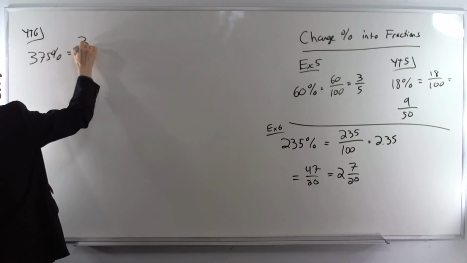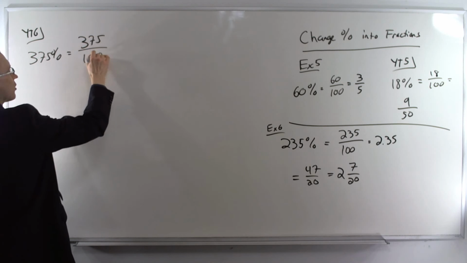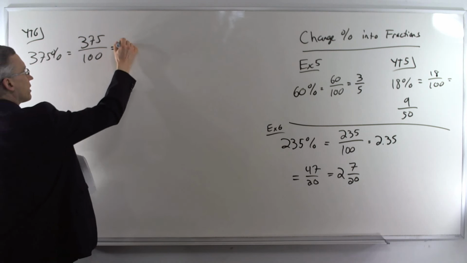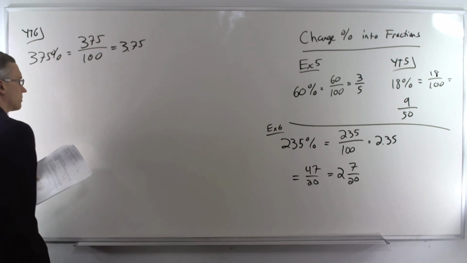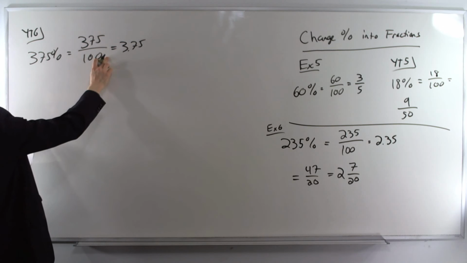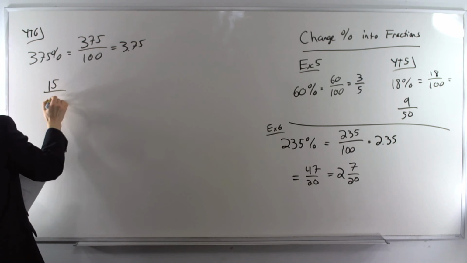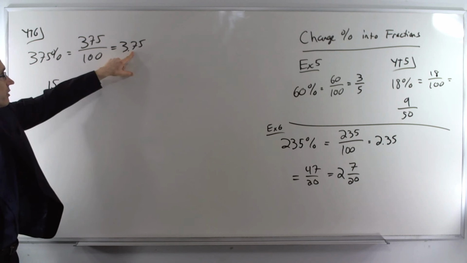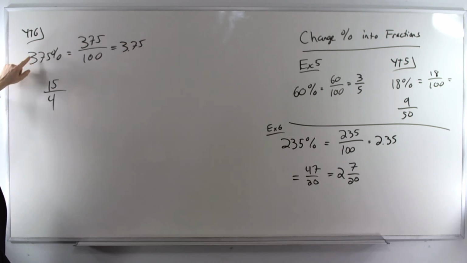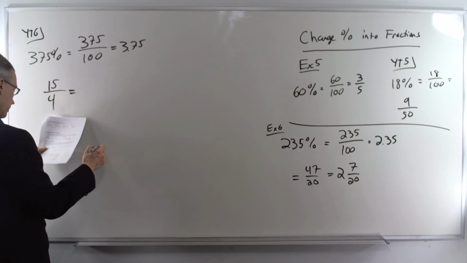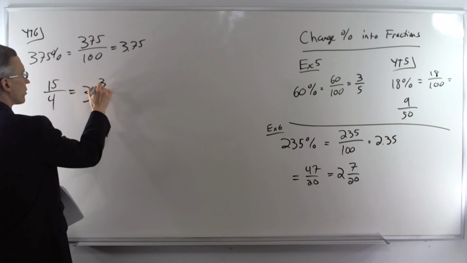So writing as a fraction, we got 375 over 100. We can always convert it to a decimal if we want that. So we could do that. Now, let's reduce this. Simplest form will be 15/4. So take 375. Once we convert it to a decimal, then use your calculator function to convert that to improper fraction. And sometimes they give you a mixed number first. You got to convert that one. So the mixed number is 3 3/4.